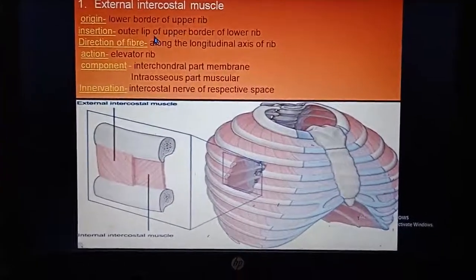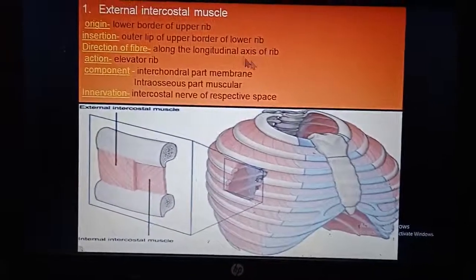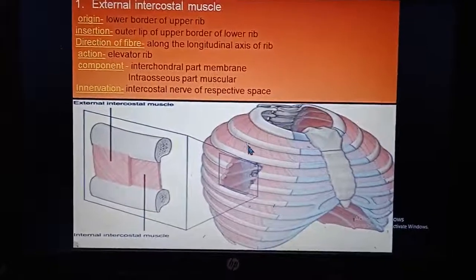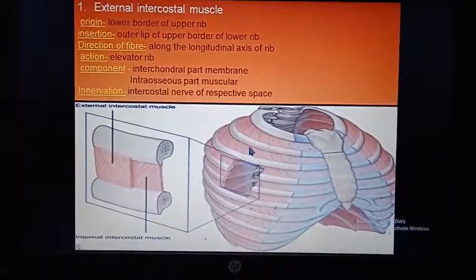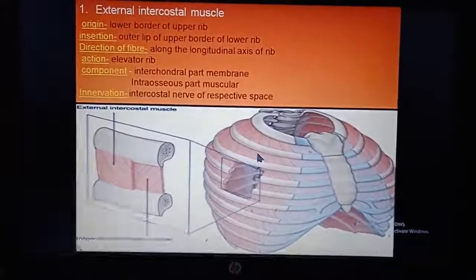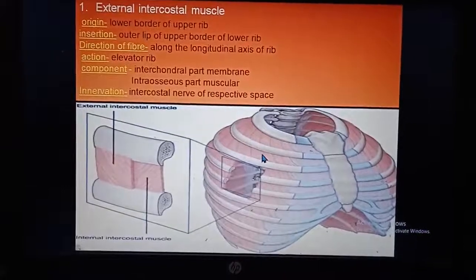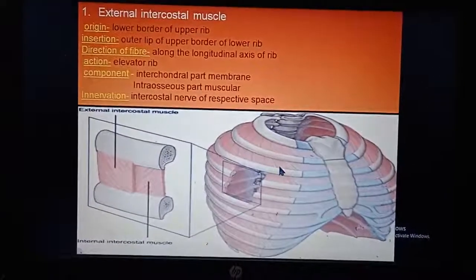The direction of fiber is along the longitudinal axis of the rib, that is the long axis, and its action is decided by the direction of fiber. If it is along the long axis of the rib, it elevates the rib, and if it is against, it will depress. Here the direction of fiber is along the longitudinal axis.